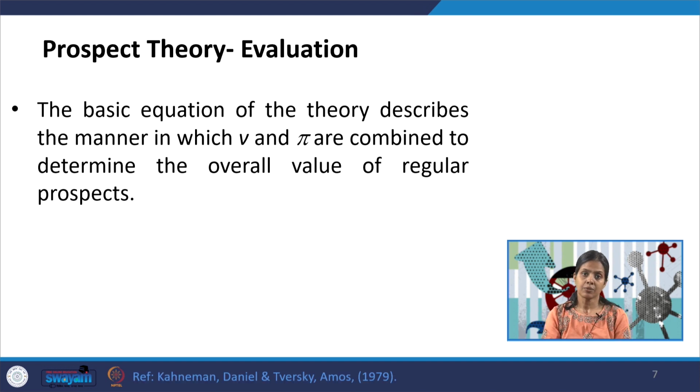The basic equation of the theory, that is the prospect theory, describes the manner in which v and pi are combined to determine the overall value of regular prospects. So, we are going to mostly deal with regular prospects having either x greater than 0 and y less than 0, or vice versa, or p plus q less than 1.